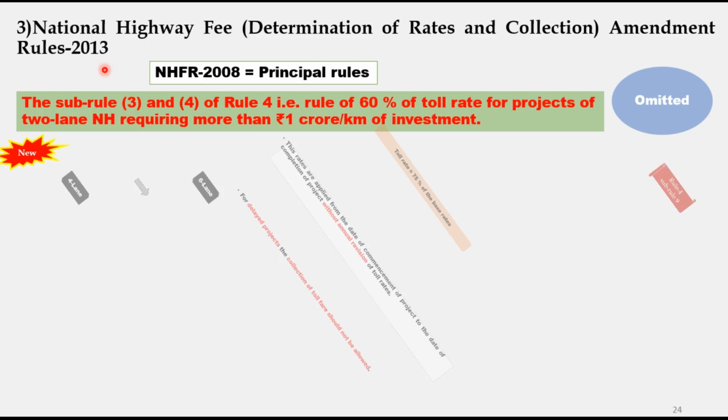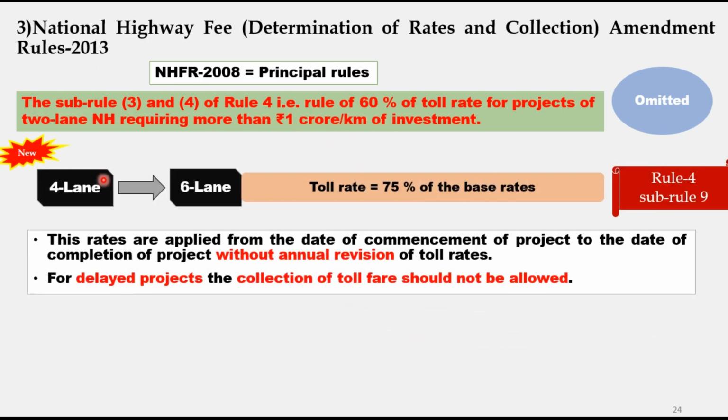Instead of that, a new section was added which states that the toll rate is applied as 75% of the base rate as per rule 2 sub rule 4 of the highway, which are upgrading from 4 lane to 6 lane, and these rates are applied from the date of commencement of the project to the date of completion of the project without annual revision of toll rates. And if the project is delayed, then collection of toll rate is also delayed.